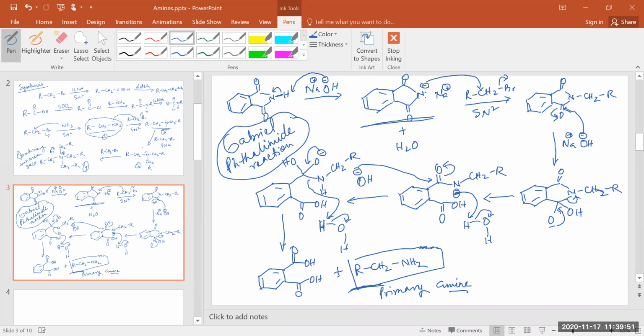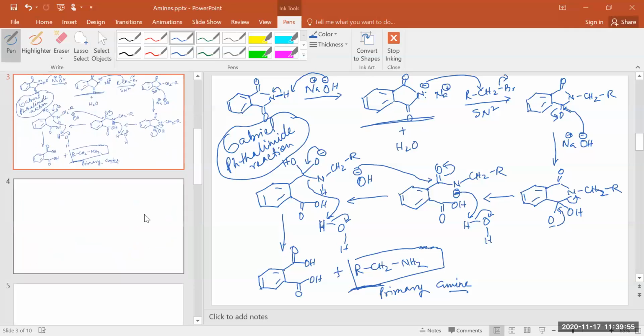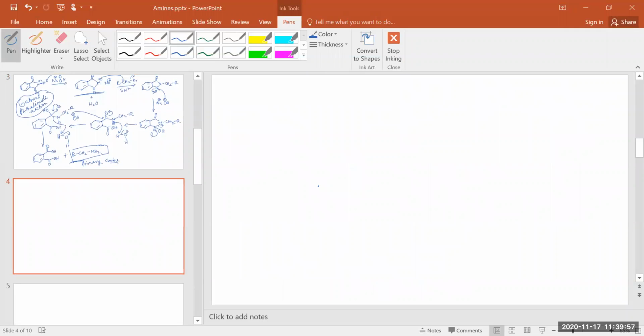Okay. Another reaction, two reactions we'll talk about for the synthesis of this primary amine.